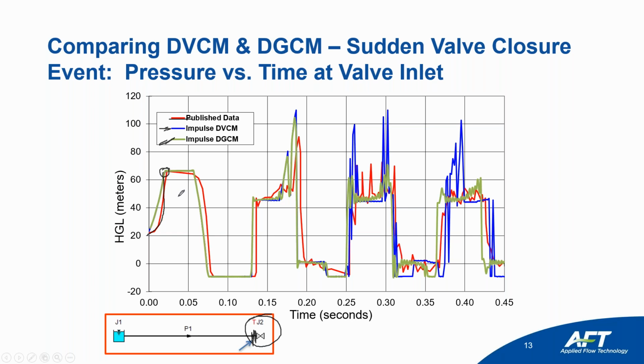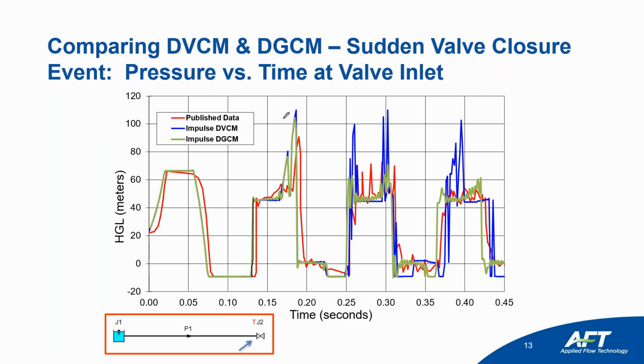This pressure can be verified with or compared to the maximum theoretical pressure equation, the Joukowsky equation. And then as that pressure wave reflects from the valve back up to the reservoir, you'll see how the pressure drops. And when it drops down to vapor pressure, after that vapor cavity collapses, it results in a large pressure spike.